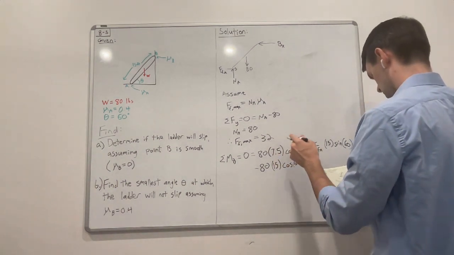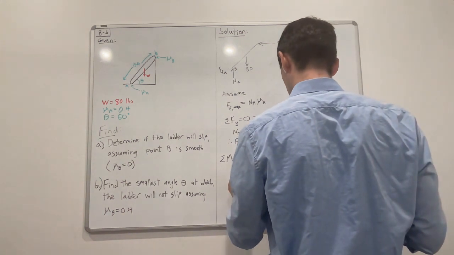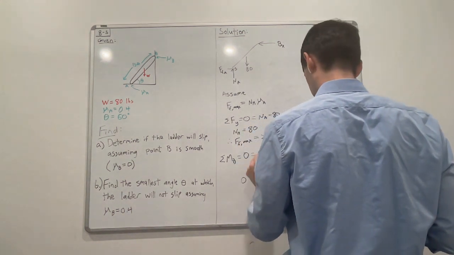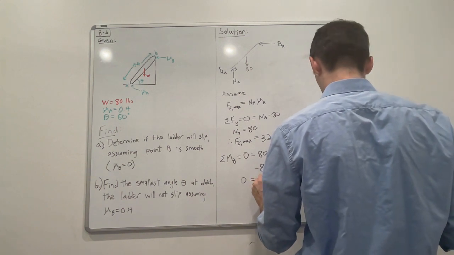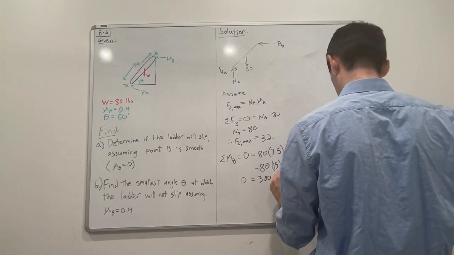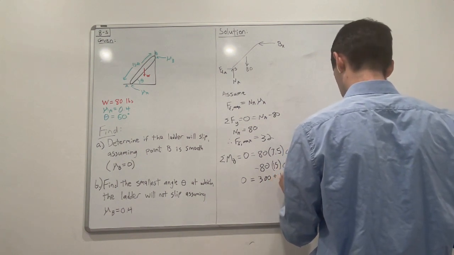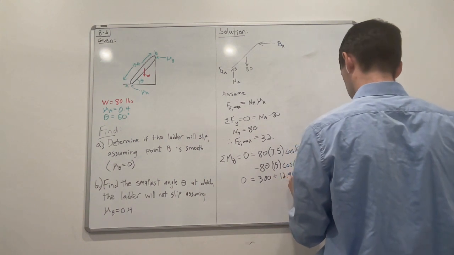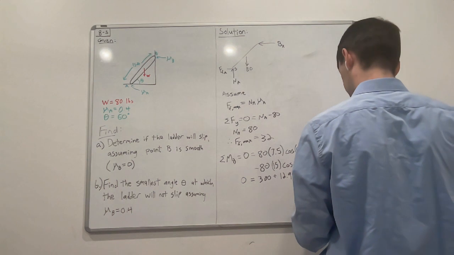And when we do all the math, let's do just a couple steps of math. We get 0 equals 300 plus 12.99 friction force A minus 600.